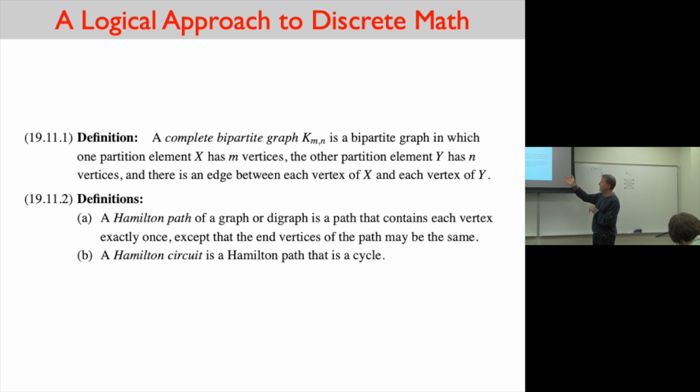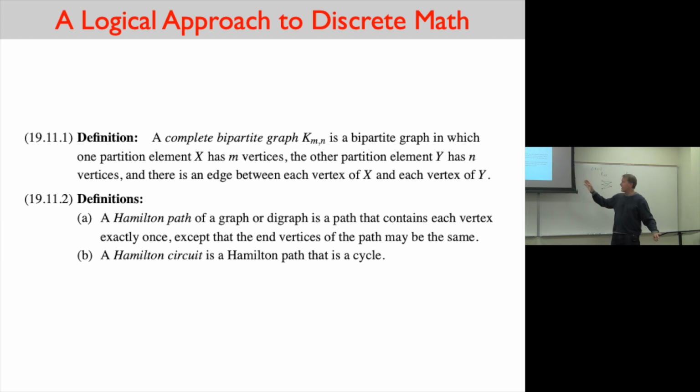A Hamiltonian path of a graph or a digraph is a path that contains each vertex exactly once, except that the end vertices of the path may be the same. What this says is that if you have a Hamiltonian path, once the path goes through a vertex, it can't go through that same vertex again. Are you with me?